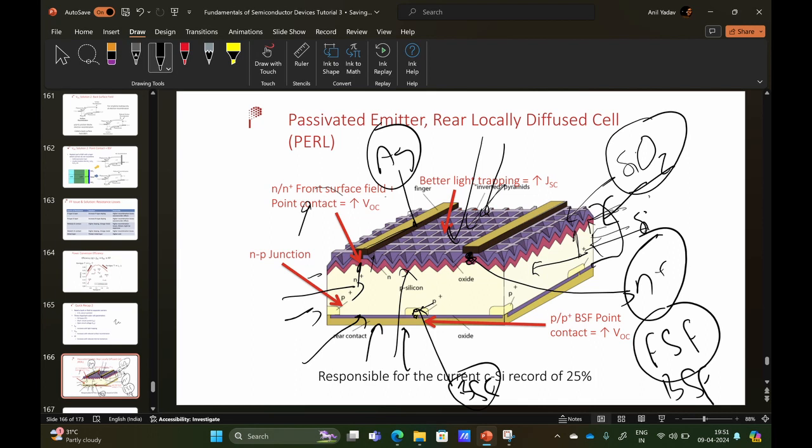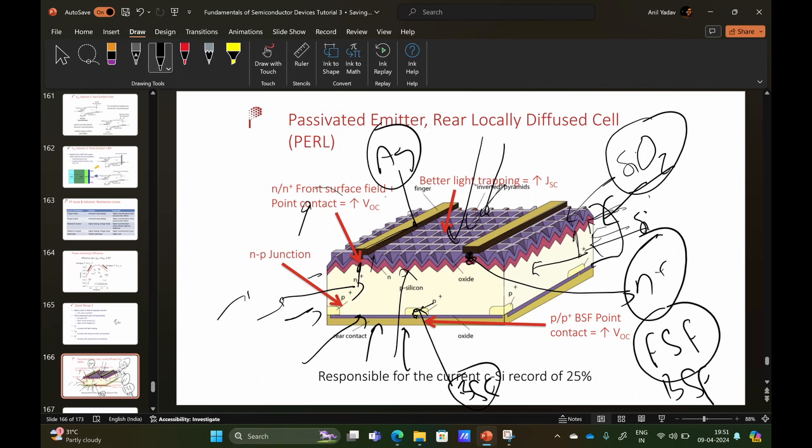Just see how many layers are needed to make a silicon solar cell. These are not that easy, so the cost of fabrication is very high.